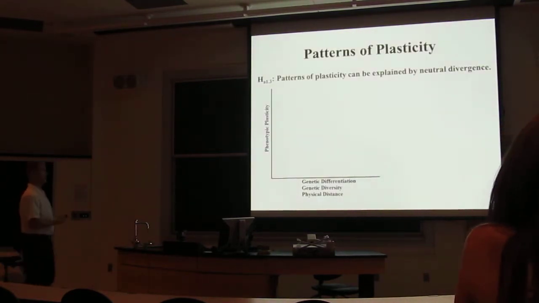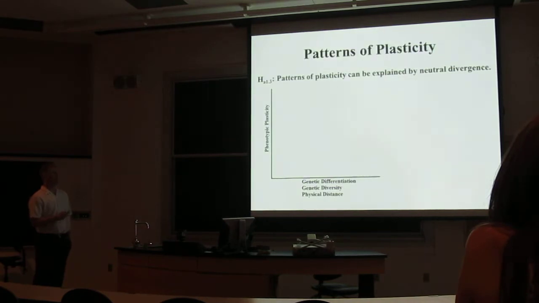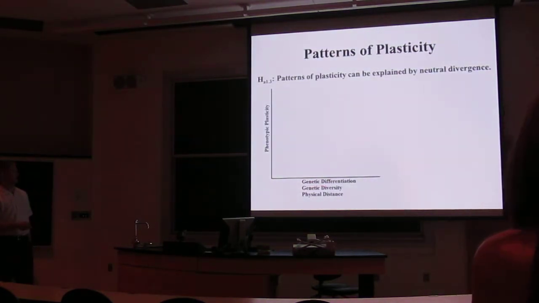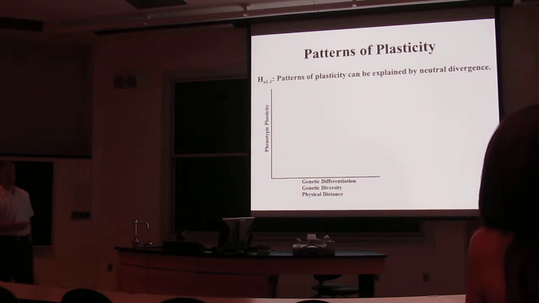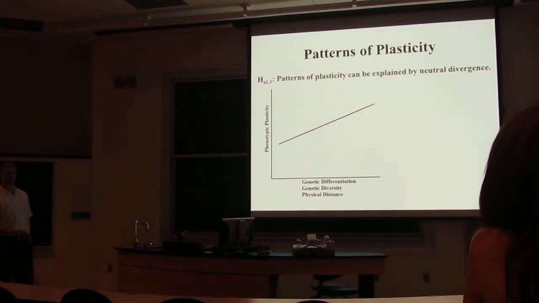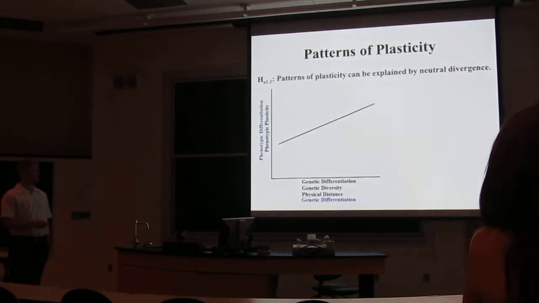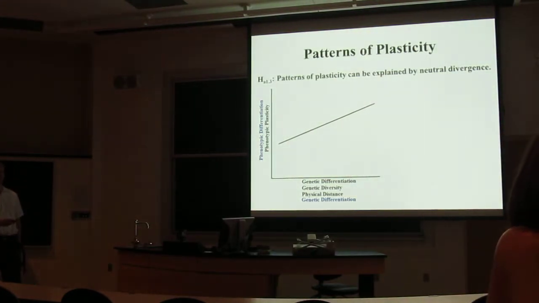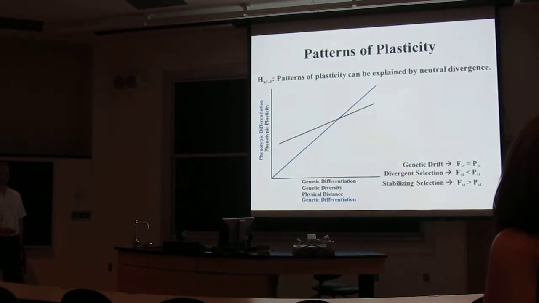To answer my third hypothesis, that patterns of plasticity can be explained by neutral genetic divergence, I'll examine the correlations between phenotypic plasticity, genetic differentiation, diversity, and physical distance. And this hypothesis predicts that I'll find a positive relationship between these variables. In addition, I'll examine phenotypic differentiation and genetic differentiation to examine the relationship between those variables.